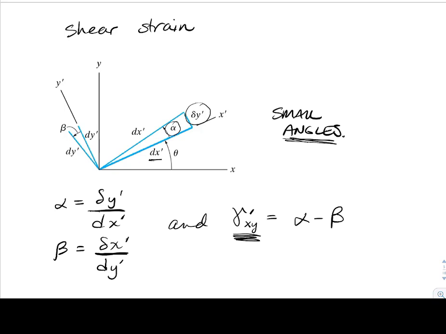We'd have another angle beta, which would be tracking delta x prime, which would be that right there, delta x prime, divided by dy prime. That would be another angle beta. And so we have a shear strain when alpha minus beta is not equal to 0. So that is the measure of the change in angle. So there's a measure alpha and beta.